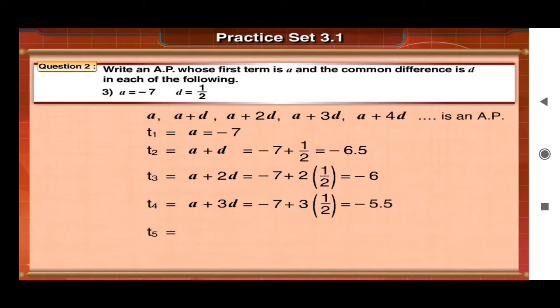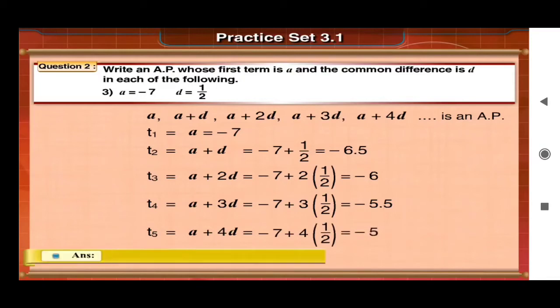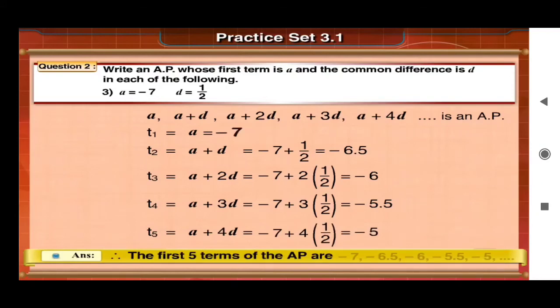T5 is equal to A plus 4D, that is equal to minus 7 plus 4 into 1 upon 2, which is equal to minus 5. Therefore, the first 5 terms of an arithmetic progression are minus 7, minus 6.5, minus 6, minus 5.5, minus 5, and so on.